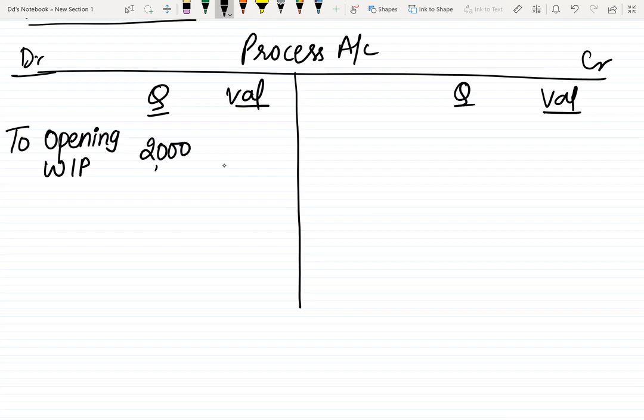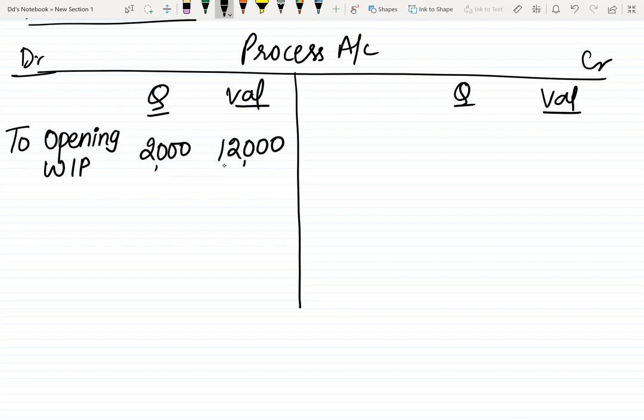How much is the value, sir? Given in the question, material was 100%, labor 60%, overhead 60% complete. You will have to add all the three. 7,500 plus 3,000 plus 1,500, 12,000 rupees. This is your amount of opening WIP. 2,000 units, 12,000 is the amount.